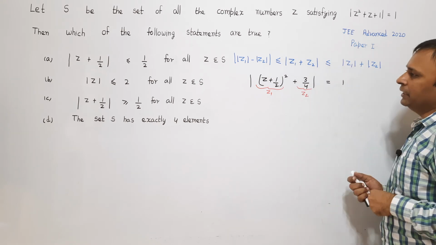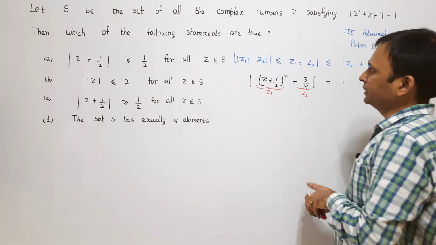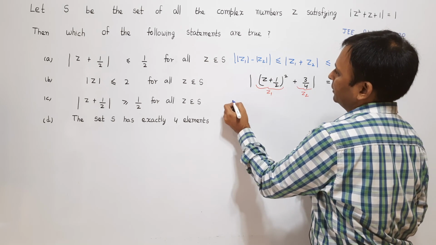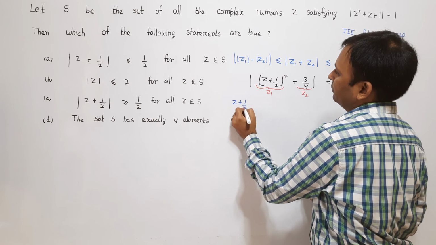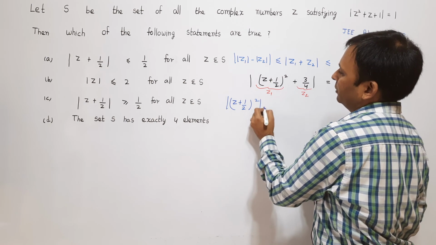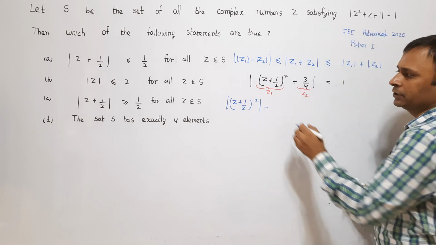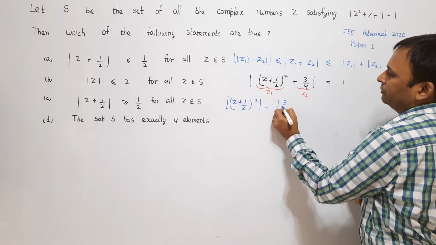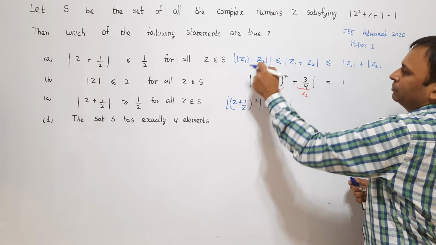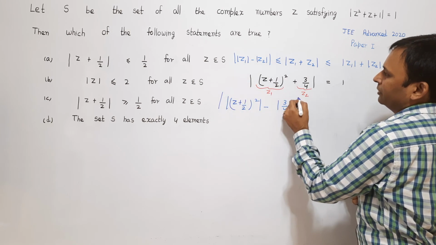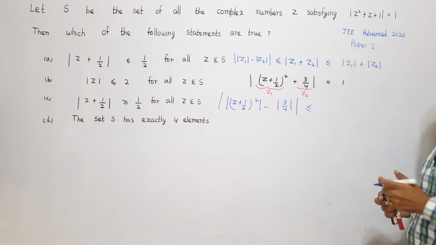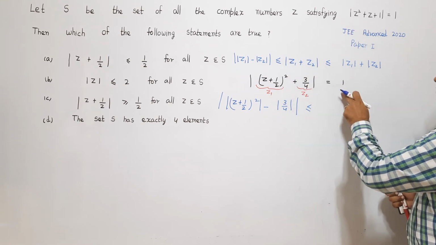So here what I can get from this is Z1, which I am writing as Z plus 1 by 2 whole square, mod of this value minus Z2. Z2 means mod of 3 by 4. So this is mod of Z1 minus mod of Z2, and this is always less than or equal to mod of Z1 plus Z2, which is nothing but equal to 1.